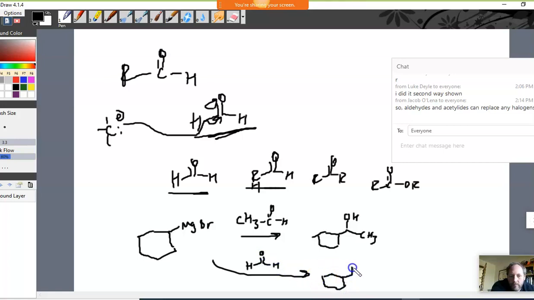You form that. Okay, yeah, that makes sense. Yeah. So it's just a way to actually add one carbon using a Grignard. And then you can take this and oxidize it if you want to into an aldehyde with PCC or PDC, or add CrO3 and acid and make it carboxylic acid. So this is just a way to actually add one carbon on there.